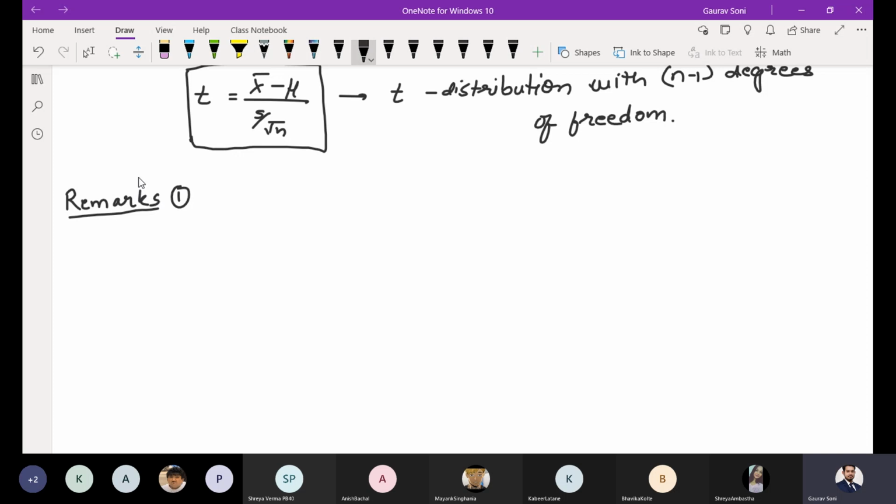The first one: when n is less than 30, we use t distribution. This is also called student's t distribution. Just remember that.